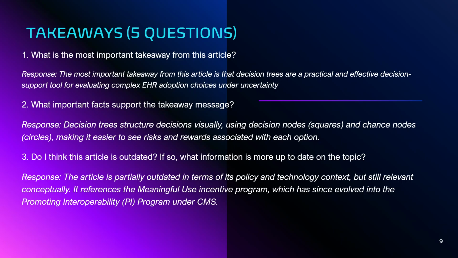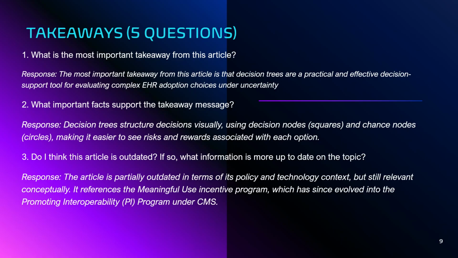The most important takeaway from this article is that decision trees are an effective decision support tool for evaluating complex EHR adoption under uncertainty, and by combining probabilities and expected values, it helps healthcare organizations compare alternatives, from purchasing, as mentioned earlier, to staying with the status quo, delaying implementation, or even leasing.